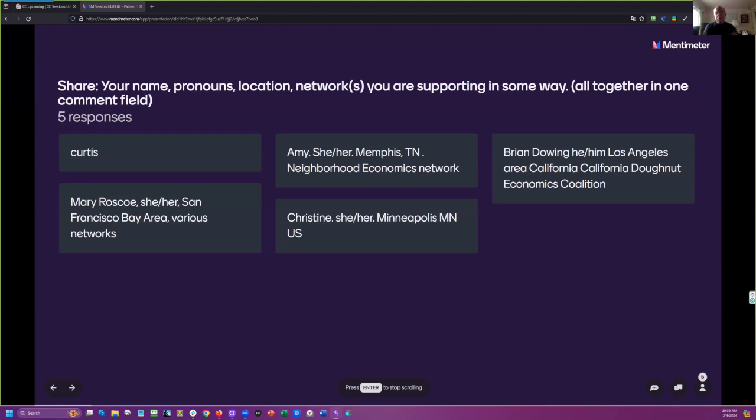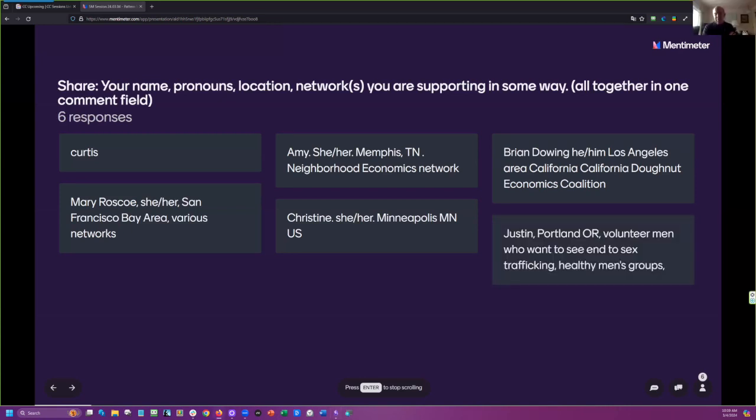Yes, it's tongue-in-cheek in that it's got two concentric circles which form a donut. Does anybody ever make jokes about sprinkles on the donut or anything like that? Sometimes. All right. Mary from San Francisco, Christine, Minneapolis, Justin, across the river from me in Portland. I think I saw Denise for a minute before.